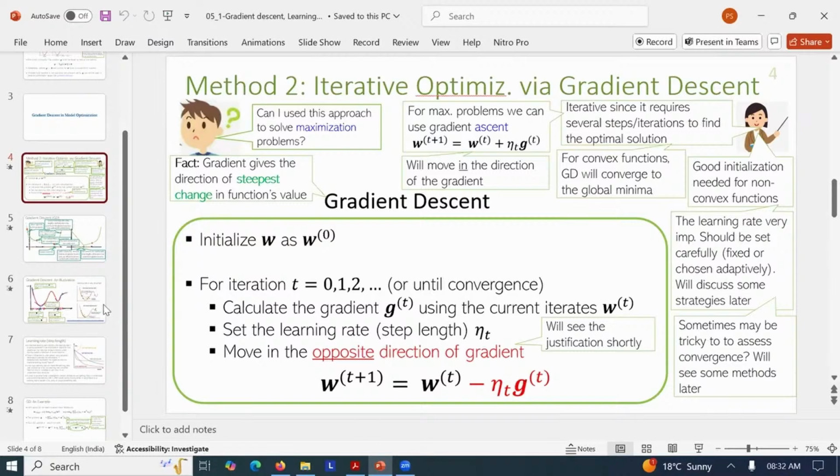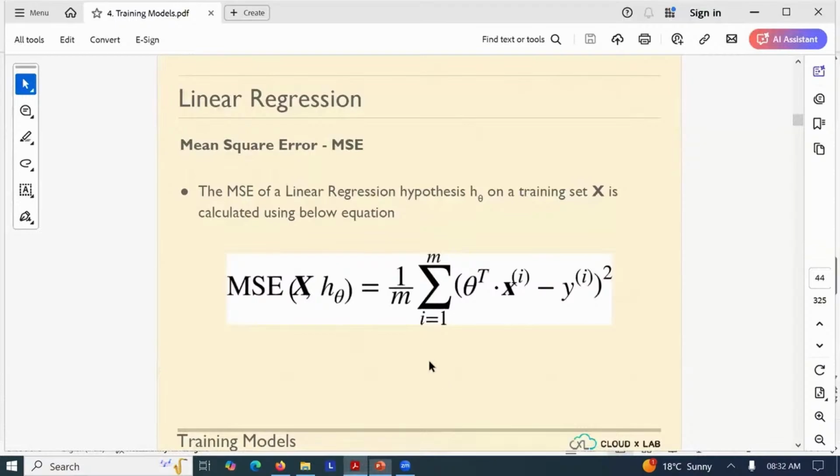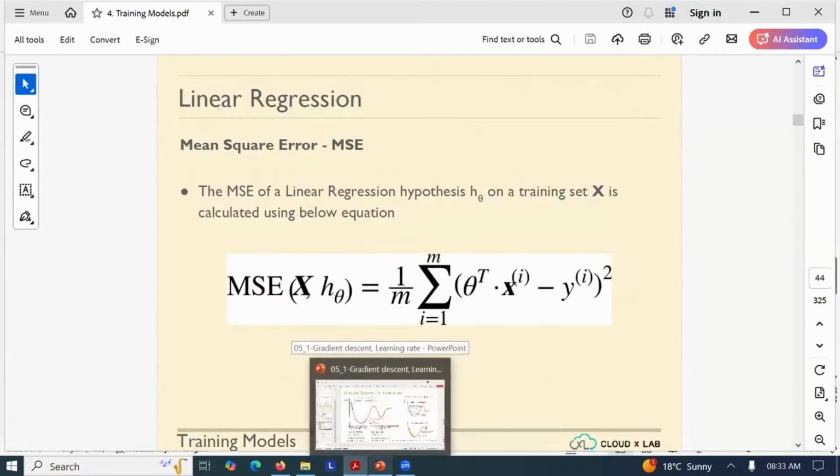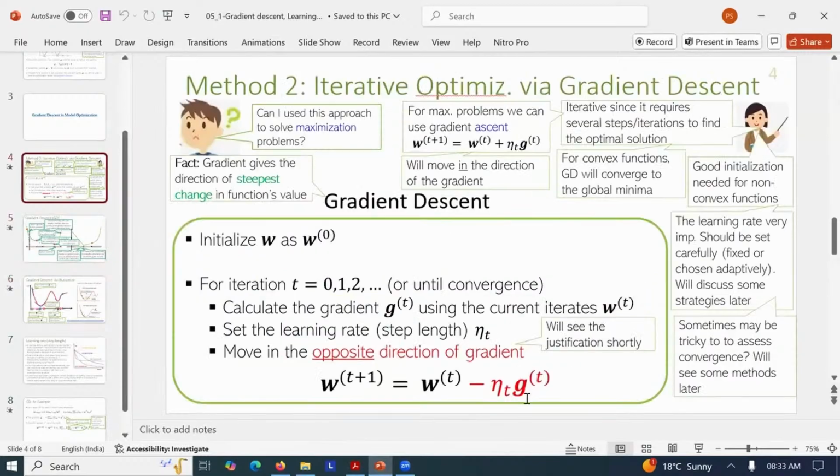And if the gradient is not accurate, it will take more number of steps to reach the minima position. So if we are doing stochastic gradient descent, the calculation of GT will be easy, and very quickly we will get the gradient GT value, but then the number of iterations will be huge, right?